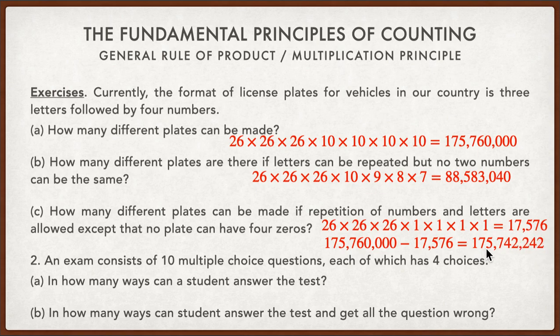It should be 175,742,424, not 242. Sorry for the error. So that's for letter C. So there are 175,742,424 different plate numbers with all zeros restricted.